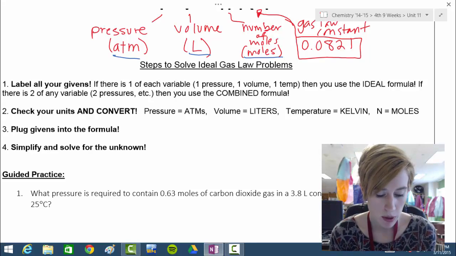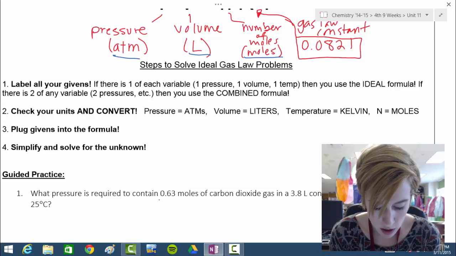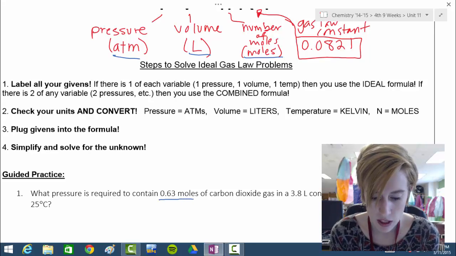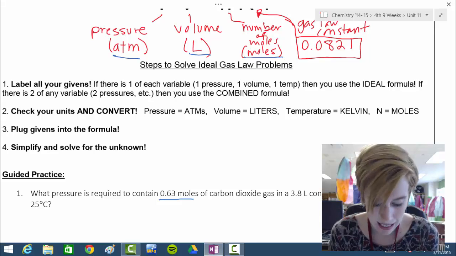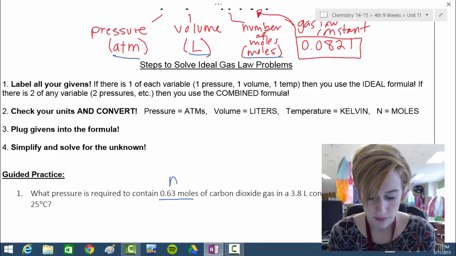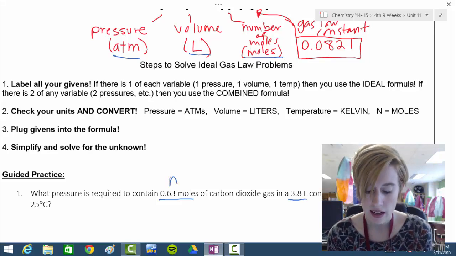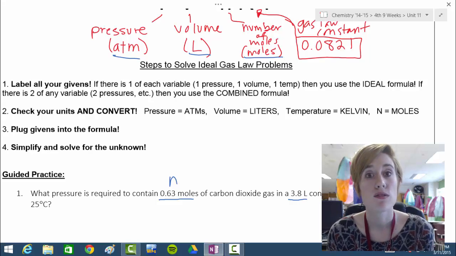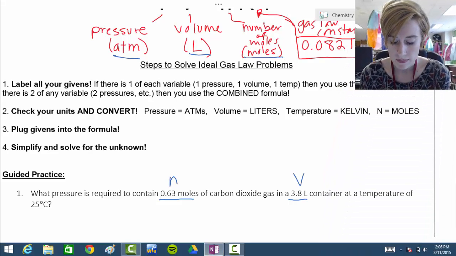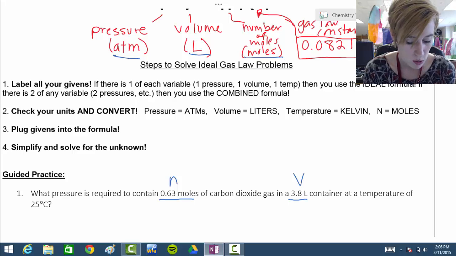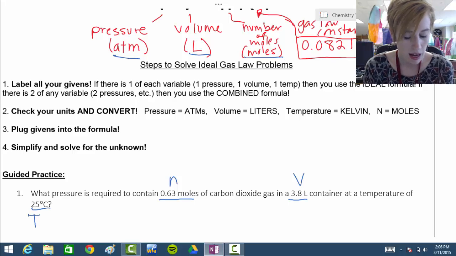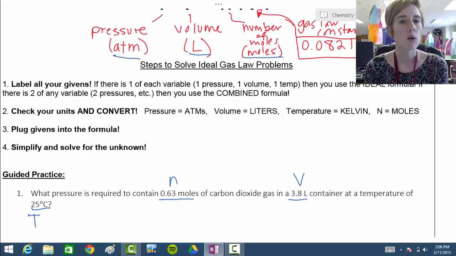So let's look at our guided practice. Label all our givens. So 0.63 moles. What is that? Well, we just said moles was N, so I'm going to label that as N. 3.8 L. What is L? L is volume, so I'm going to label that as V. The temperature is 25 C. And we always need to check and make sure they're in the right units.